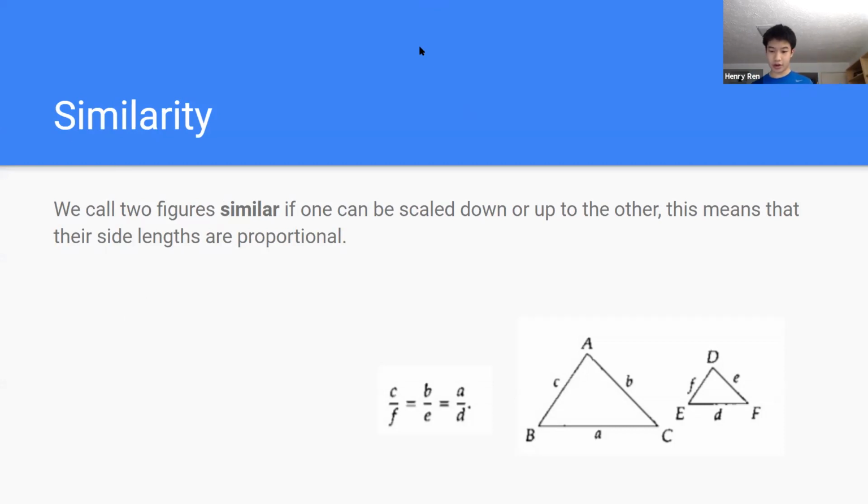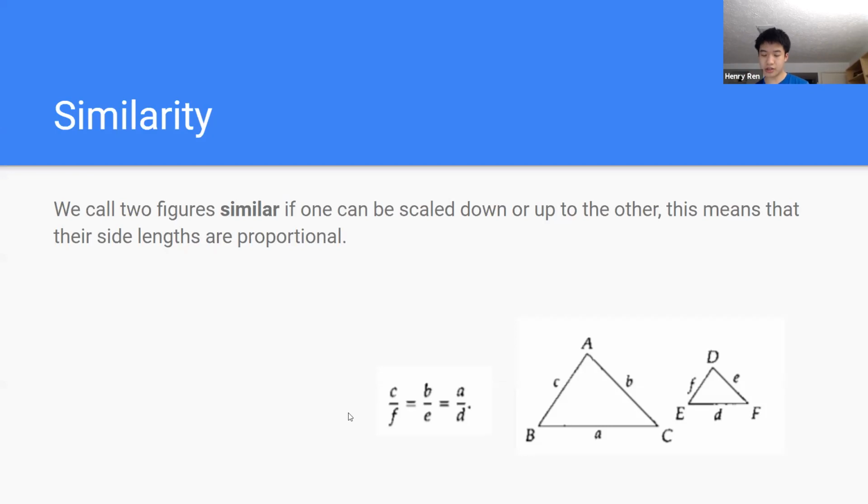So basically, I can multiply all the sides by some number, some ratio, let's call it R, and that'll create the sides of the other triangle or the other figure. We talked about congruence last class, and this class we're going over similarity, which is also going to show up in math competitions.